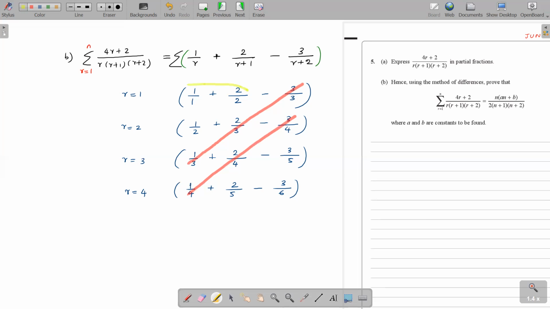Can you see? If there are 3 terms remaining at the top left corner, you should have 3 terms remaining at the bottom right corner. Okay, 3 terms at the top left means there will be 3 on the bottom right corner. So like in this similar pattern, there should be 3 remaining in the bottom right.